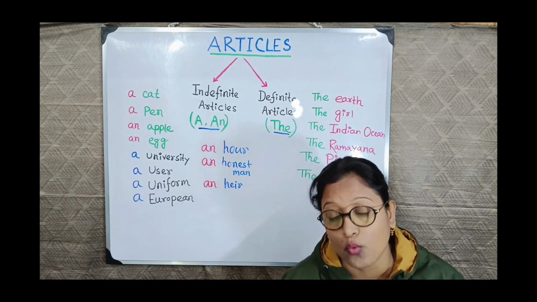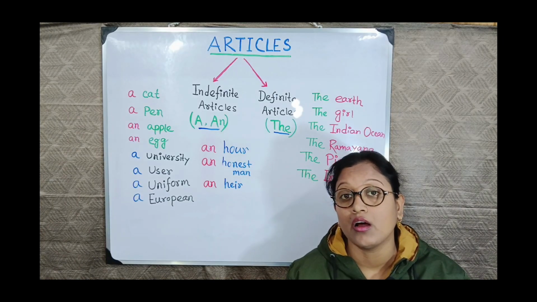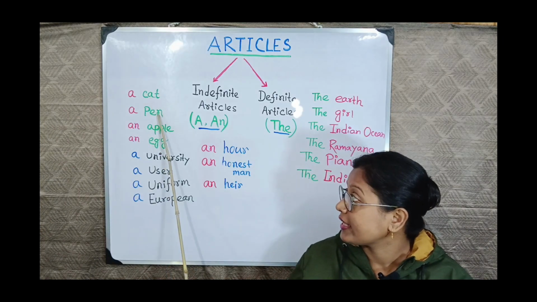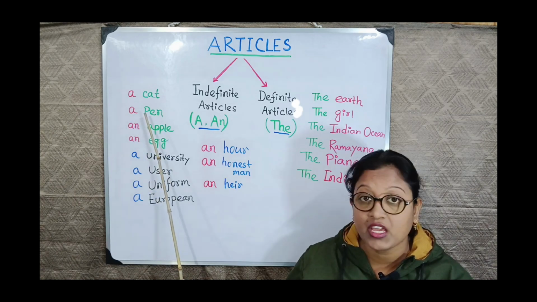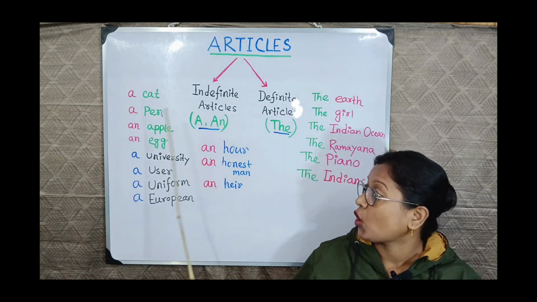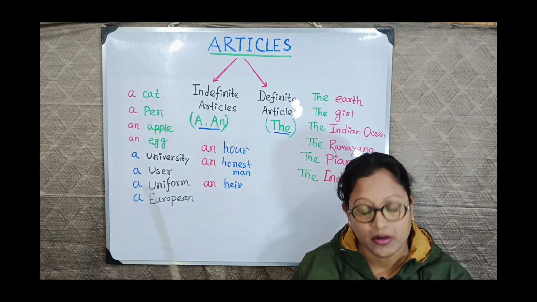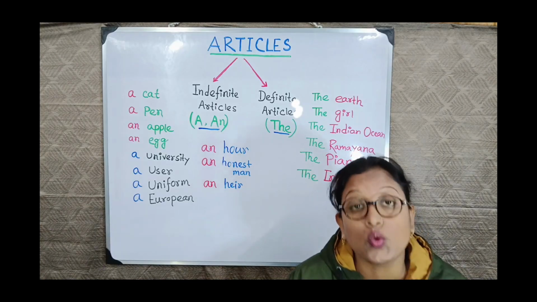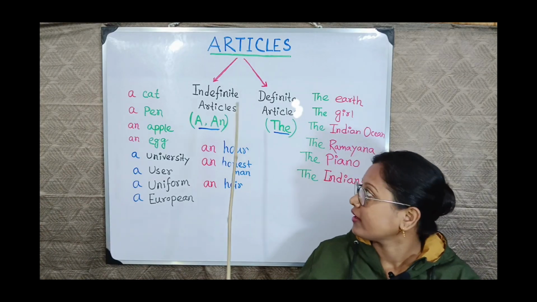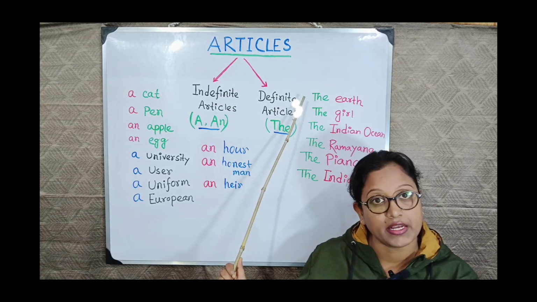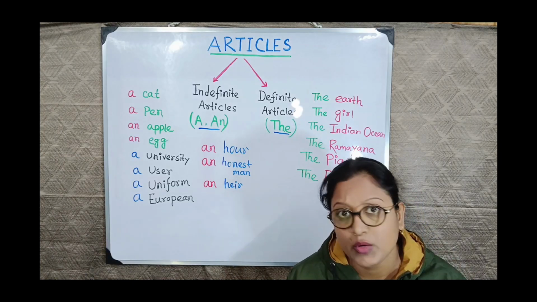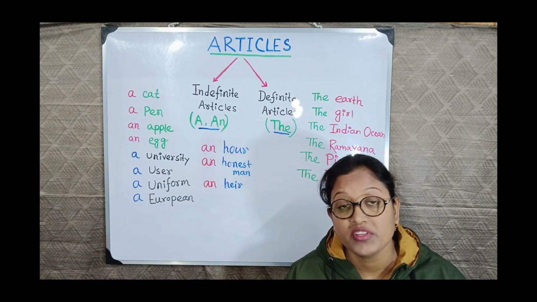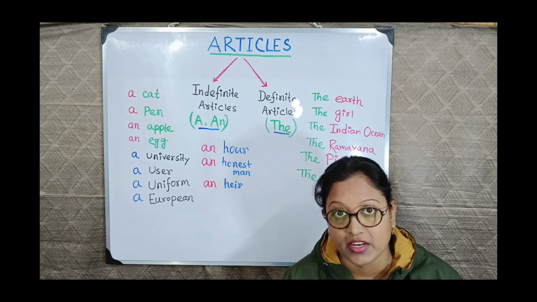To show whether the noun is specific or general. Clear? There are two kinds of articles. What are they? Indefinite articles and definite articles. Indefinite means which is not definite, which is not particular, isn't it?